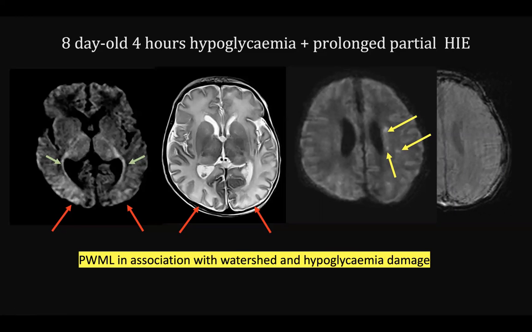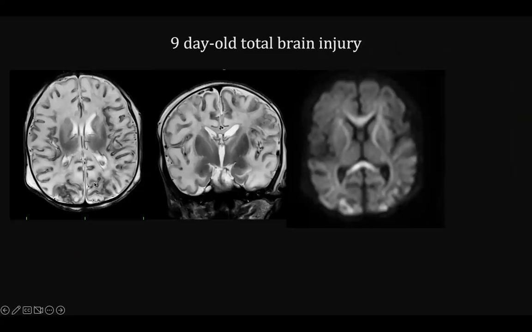In this case, they were associated with hypoglycemia and prolonged partial HIE. So again, a mild damage of the white matter in the form of punctate white matter lesions overlapping with a well-known damage in the neonate.